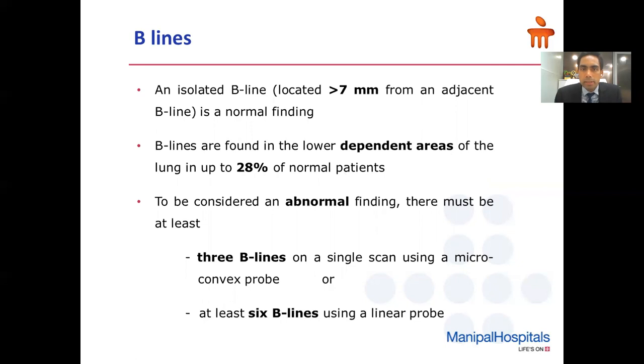Isolated B lines that are located more than 7 millimeters from adjacent B lines are a normal finding. B lines are also normal in lower dependent areas in up to 28% of normal patients. B lines are said to be abnormal when you see three B lines or more in a single scan using a microconvex probe, or at least 6 B lines using a linear probe.